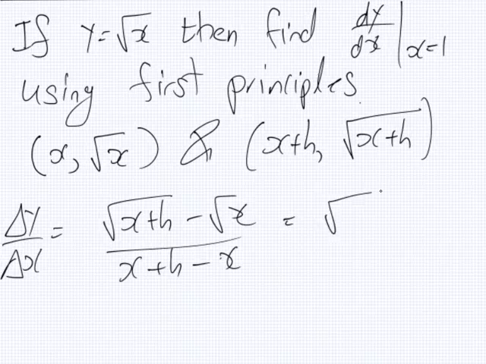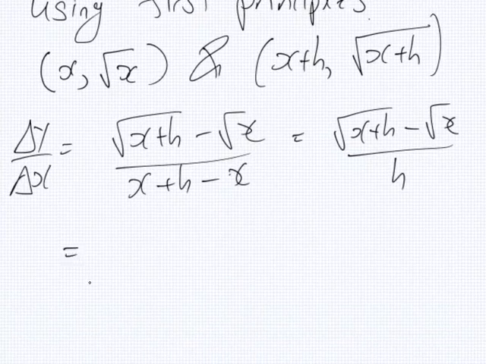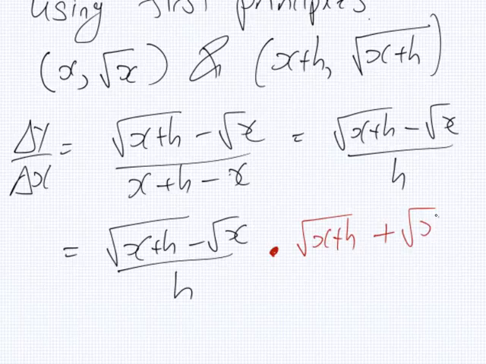So that's root x plus h minus root x all over h. Now, the way I'll simplify this is by using a type of conjugate. I'll multiply the top by root x plus h plus root x, and the bottom by root x plus h plus root x.